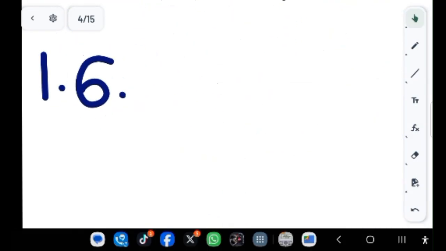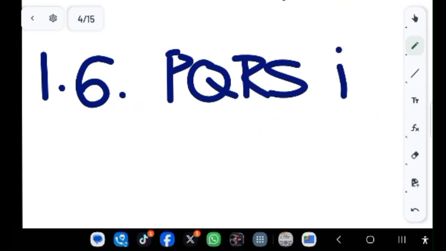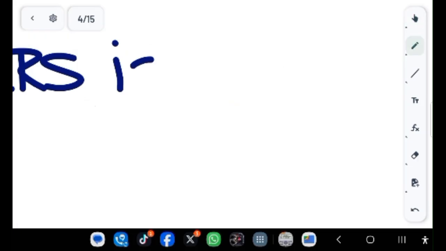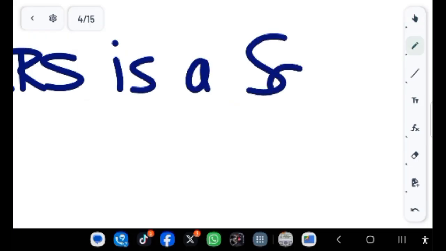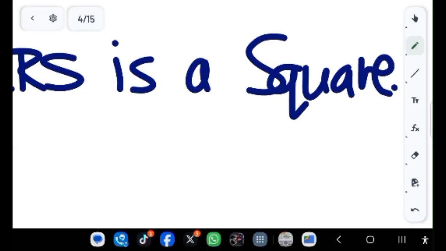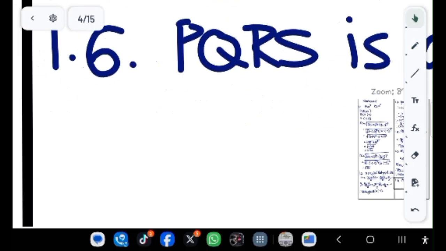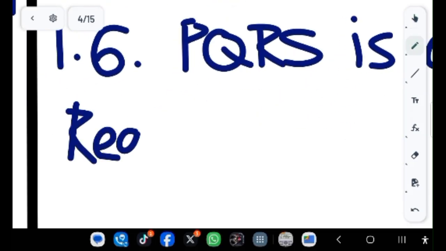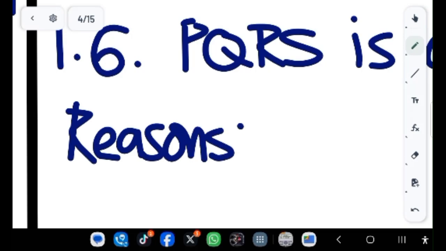All right, PQRS is a square, and these are the reasons. I'm going to list all the reasons. Number 1, all sides equal.